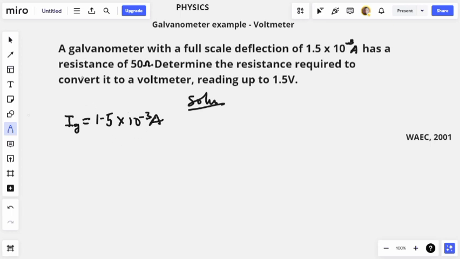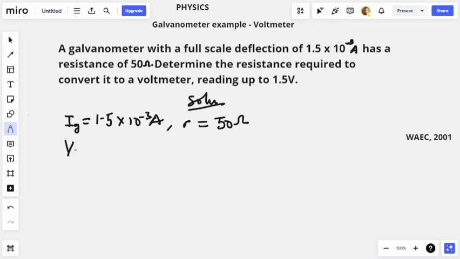The next one has a resistance of 50 ohms. That resistance is the galvanometer internal resistance, represented by small letter r, equals 50 ohms. And they say determine the resistance required to convert it to a voltmeter, reading up to 1.5 volts.